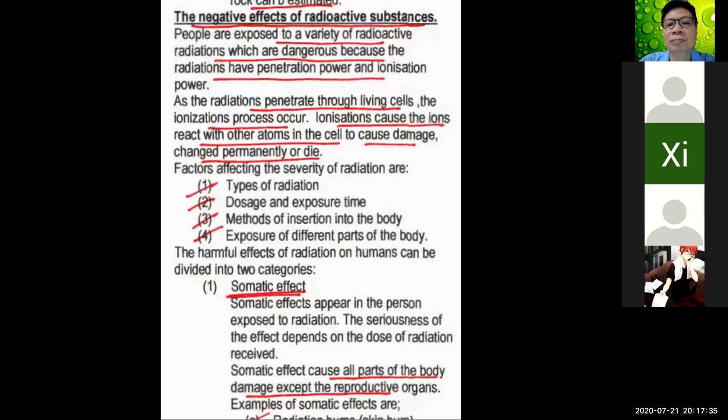Reproductive organ. Your testis, your ovary, if exposed to radiation, is the most dangerous. I tell you why. If your reproductive organ is exposed to radiation, it will cause a lot of problems. Change in the genetic, and then one is you cannot have baby.